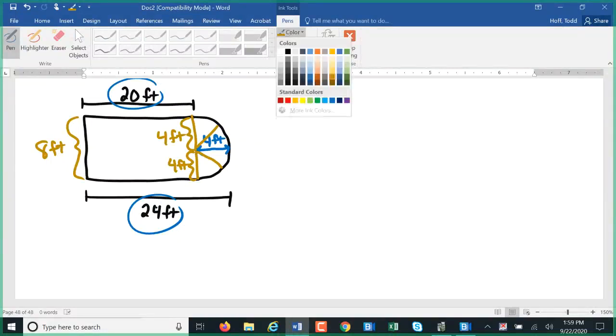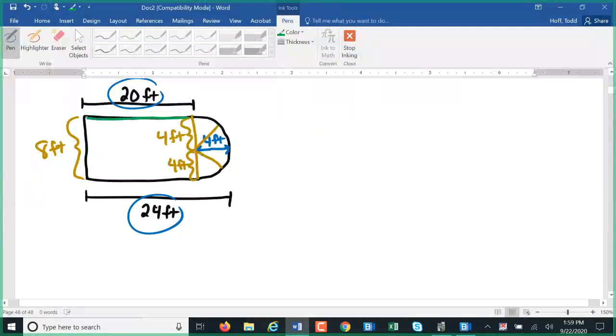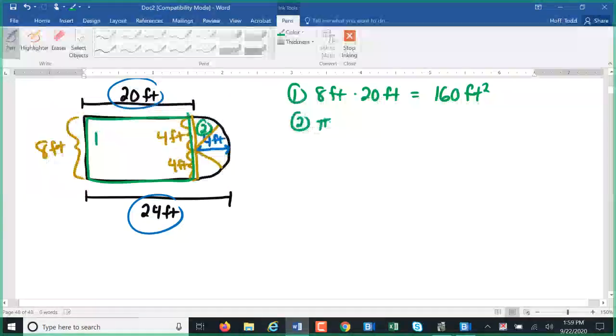So now we know that we have a rectangle here. I'm going to call piece 1. That's 8 feet by 20 feet, or 160 square feet. And our second piece here, piece 2, is half a circle with a radius of 4.